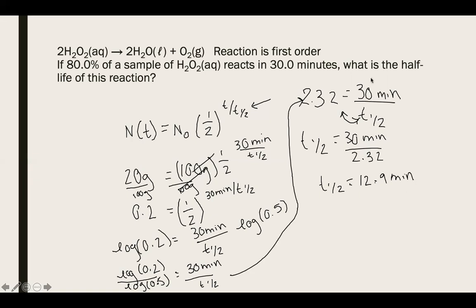Does that make sense? Or are there any questions about how you solve for that or anything else? So much of this is just knowing, once you know the equation that you have to use, it makes solving the problem so much easier. Is everything clear for this one?